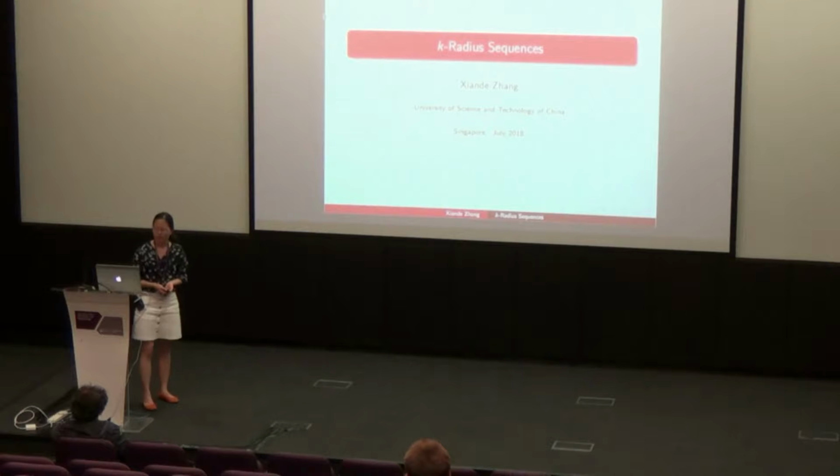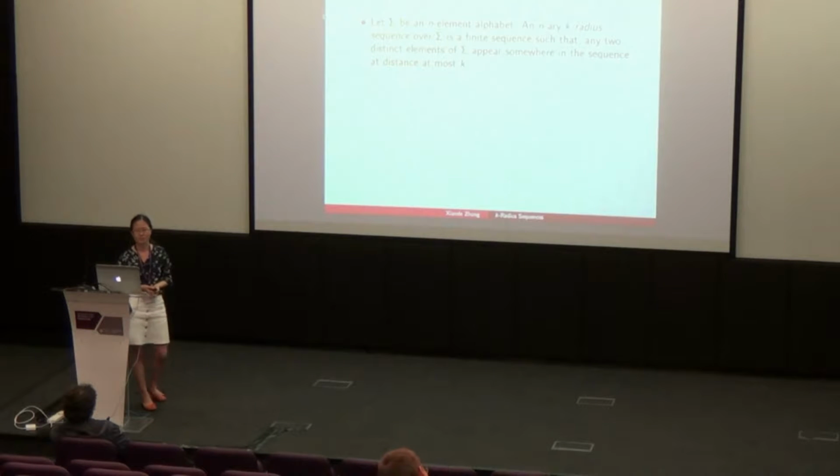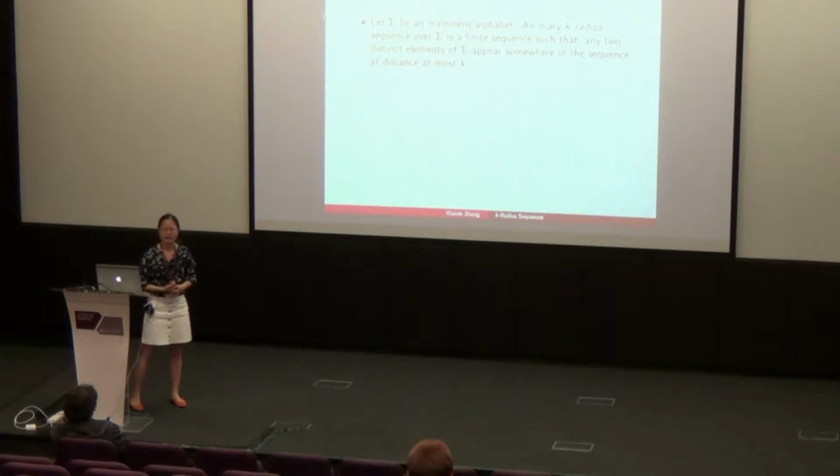Okay, so the problem's definition is very simple. Sigma is an n-element alphabet, and we have an n-ary k-radial sequence. The elements are from sigma, and it's a finite sequence.